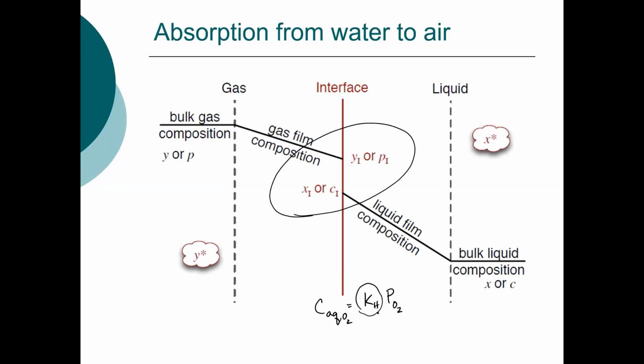And this is Henry's constant. And this is true for dilute solutions. Okay. Same thing. We can use this for CO2. We can use this for benzene. We can use this for any chemical found at low concentrations, which is typically what we observe in the environment and in most engineering systems that we encounter in environmental engineering.